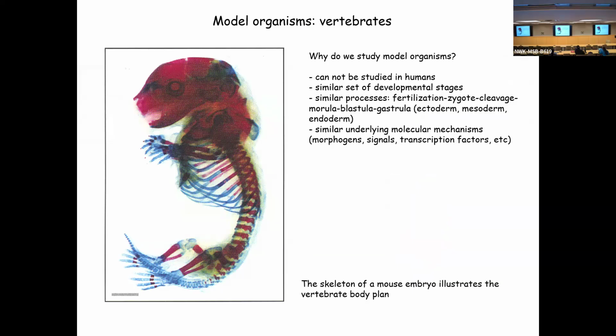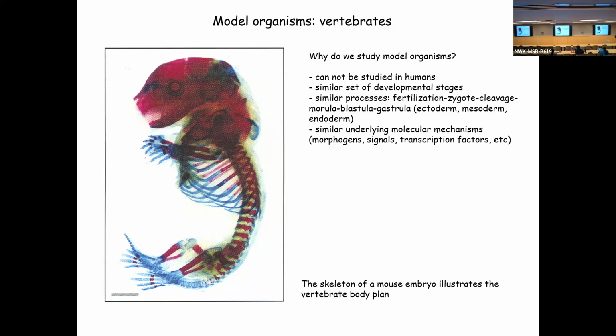Okay, so we have 10 more minutes. We're gonna finish a little earlier on this, but I guess earlier is better than late. We study model organisms during development. Why is that? Why do we study the mouse, the chick, and we don't study human development?